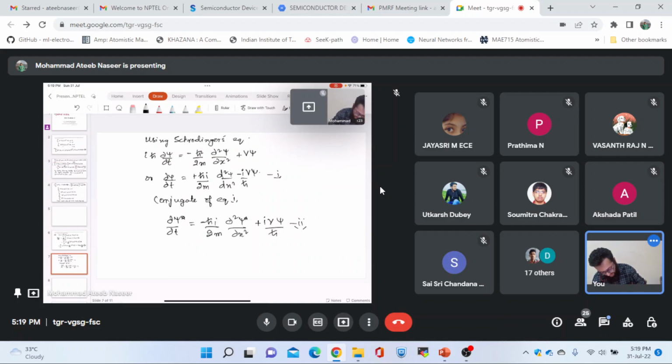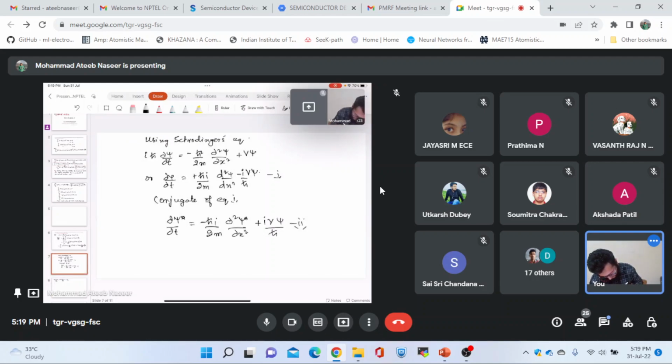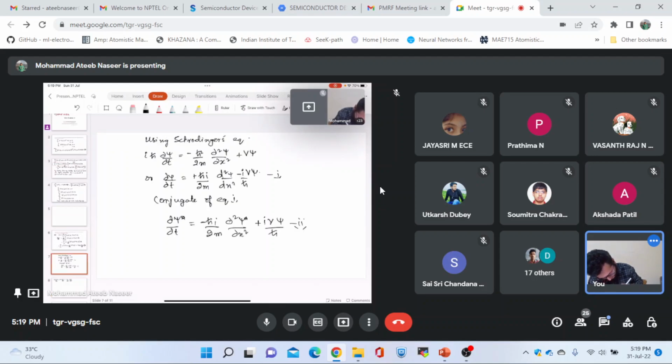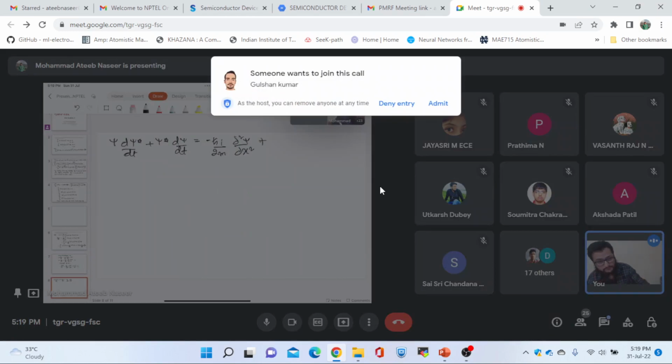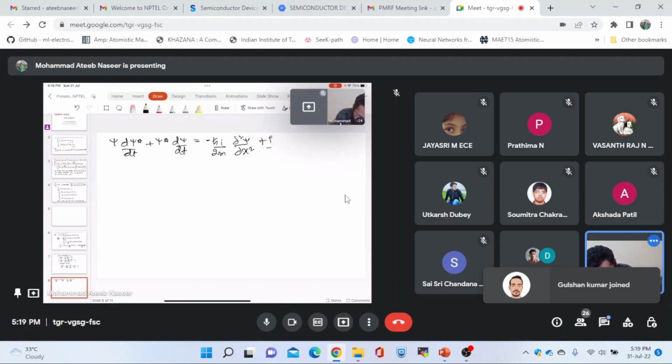If we use these first and second relations that we obtained, and try to see what the quantity ψ dψ*/dt plus ψ* dψ/dt will look like, it will simply be minus h bar iota by 2m d²ψ/dx² plus iota h bar Vψ into ψ*.